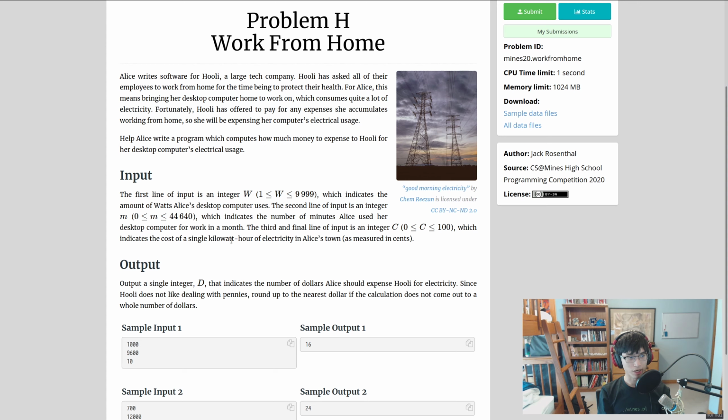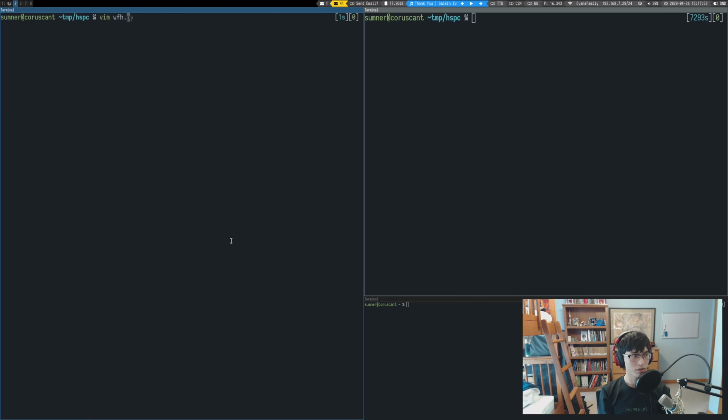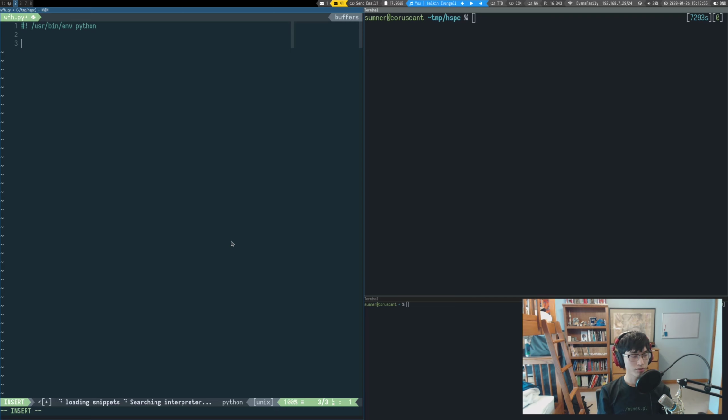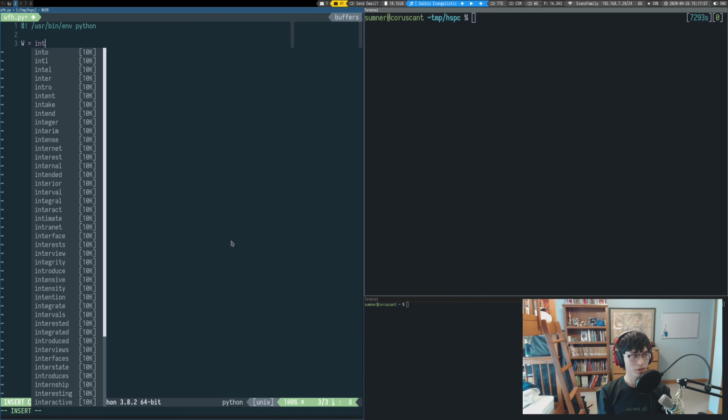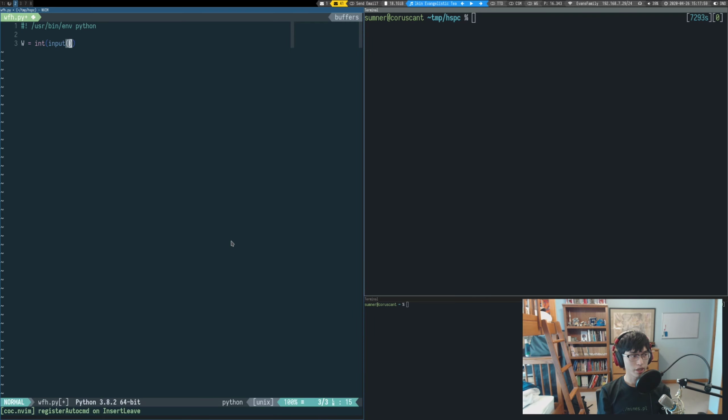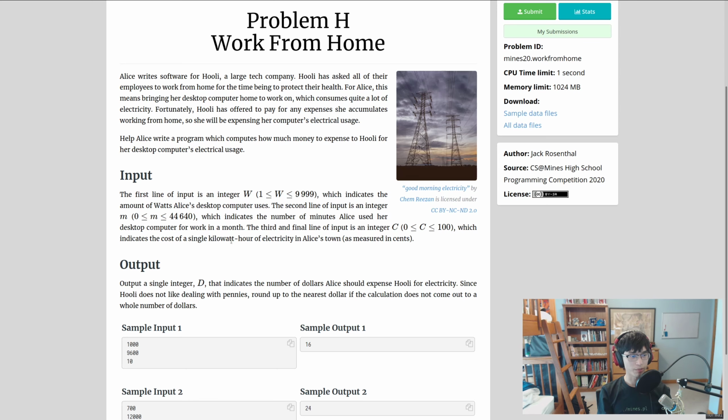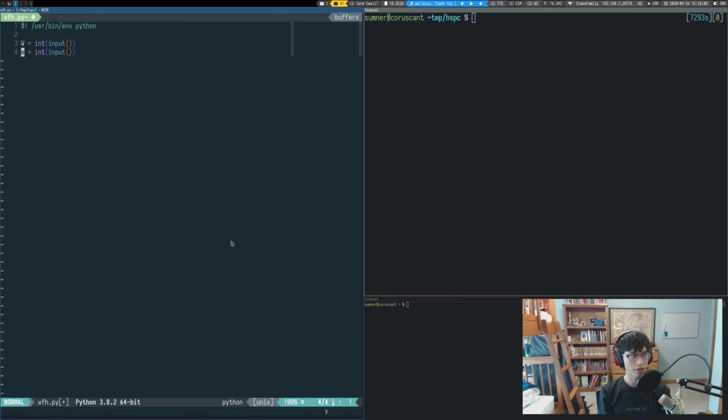So let me open up a Python file, and we're going to read in the inputs W, M, and then C. We have to be careful to make sure to convert the input to the correct type. Okay, so now let's convert it to units that we can deal with.